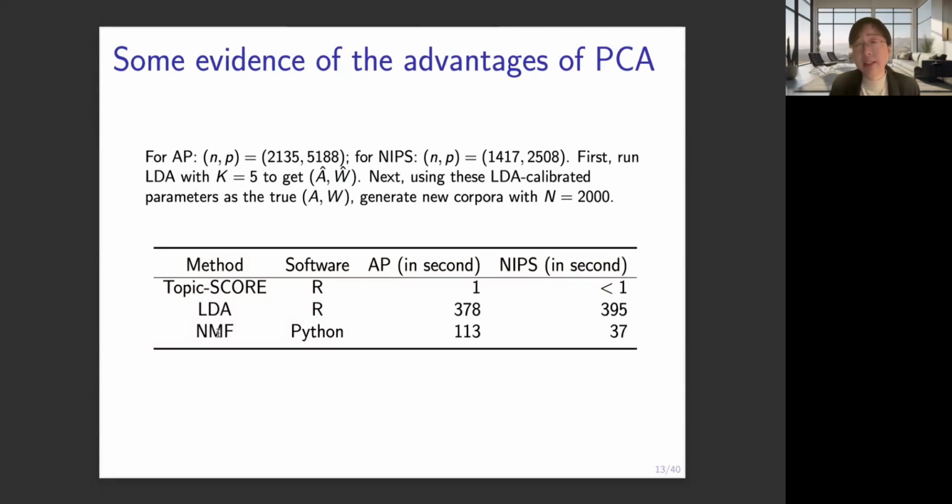NMF represents non-negative matrix factorization, the most commonly used one from the frequentist approach. We can see that if we are able to use PCA for topic modeling, we gain a really huge improvement in computing time. It's very, very fast. So the question is, how can we use PCA to do that?